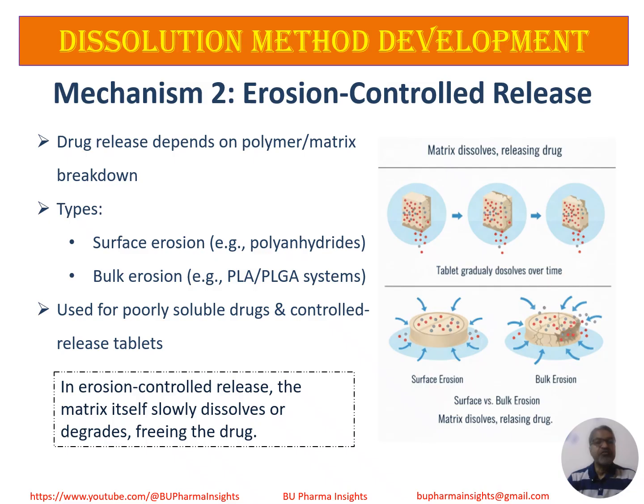There are different erosion mechanisms: chemical erosion driven by hydrolysis, enzymatic erosion driven by biological enzymes, and dissolution-based erosion where the matrix simply dissolves. Erosion can occur as surface erosion, seen with materials like polyanhydrides, or bulk erosion, common in PLA-PLGA systems. This approach is widely used in controlled release tablets and systems where diffusion alone is not sufficient.